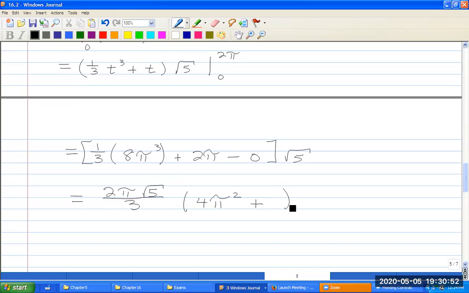Okay, so bring out the 2 and the pi and the rad 5. Okay, so this is over 3, and so this is going to be a 3 here. Okay, so I factor out 2 pi. And so that is your answer.